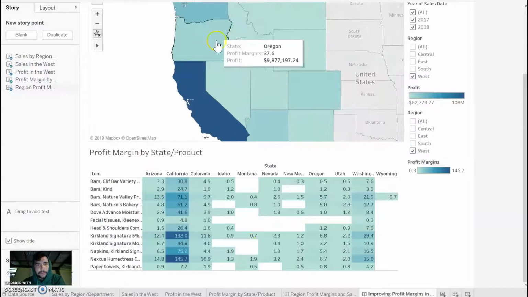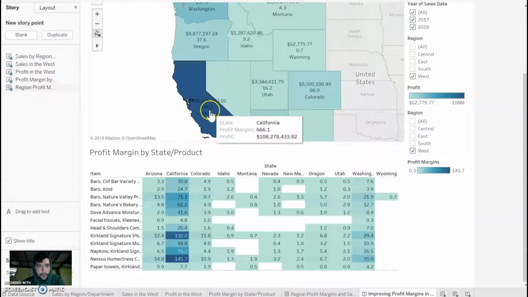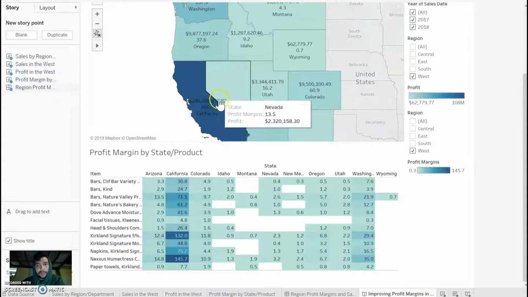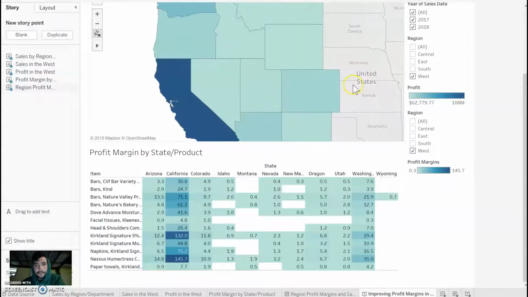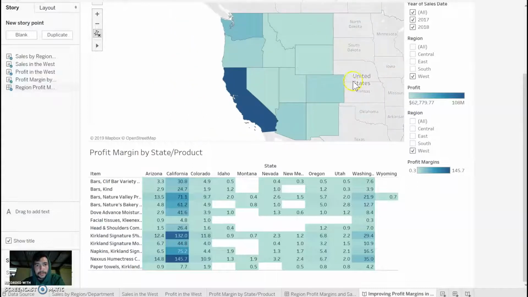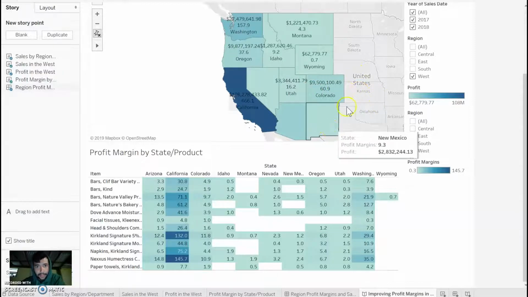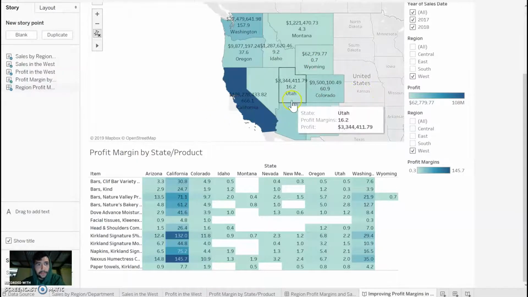That's what I would recommend to these states in order to make more of a profit and increase their profit margins, just like California. What's cool about Tableau is that it represents all the information in such a cool and interesting way. It's very different from Excel.